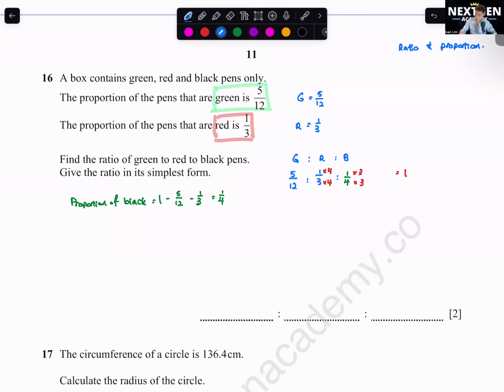Your next line will be 5 over 12 to 4 over 12 to 3 over 12. The moment you have this, you can multiply all your values by 12 to get rid of the denominator. So it's 5 to 4 to 3.